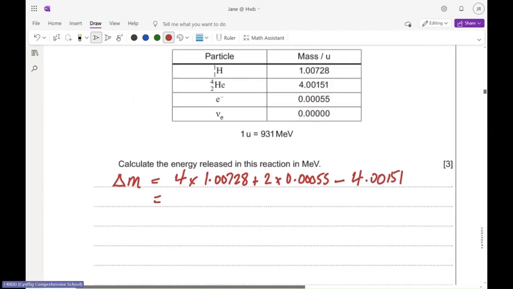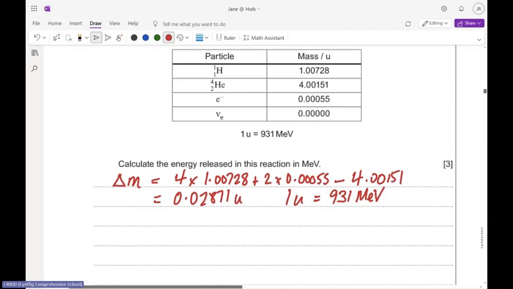So that mass defect then comes to 0.02871 atomic mass units, okay? Now, we have to remember that 1 atomic mass unit is the equivalent of 931 MeV, okay?